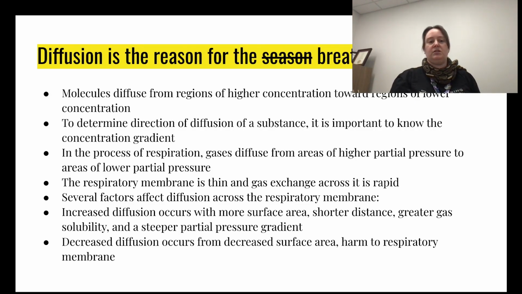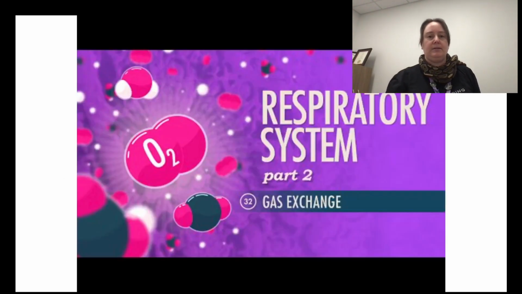Increased diffusion occurs with more surface area. Again, that's why we have all these bubbles, more surface area. Short distance, greater gas solubility, steeper partial pressure gradient. Decreased diffusion occurs from decreased surface area, which harms the respiratory membrane. So, stay out of the chlorine gas and other gases that are not good for you.